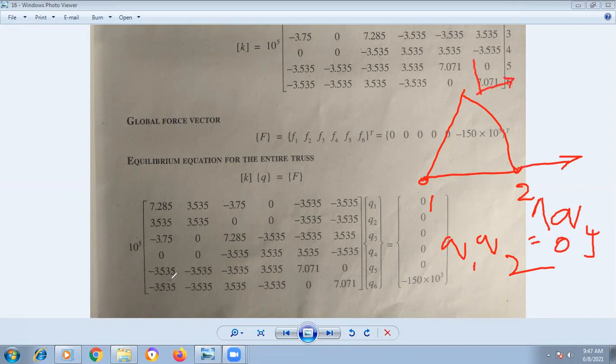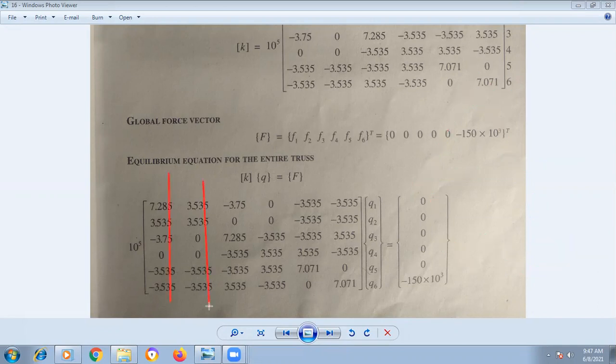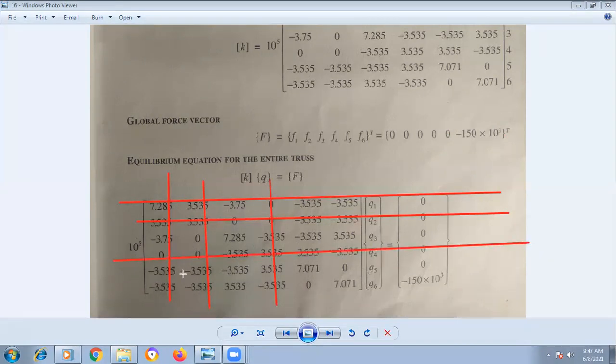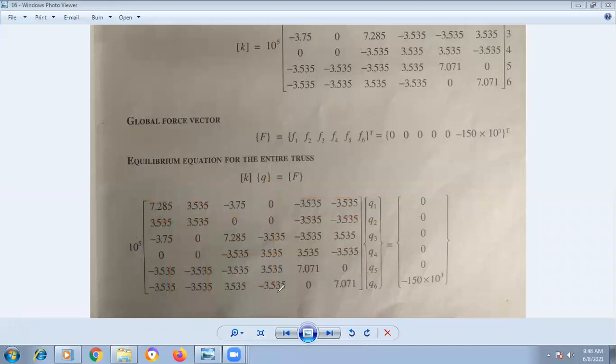Now, what should I do here? First row, first column, then fourth row, fourth column, I have eliminated. What happens if I eliminate these things? I will be left with these 3 by 3 terms itself: 7.285, 3.535, minus 3.535, the same thing, 7.071 and 7.071.